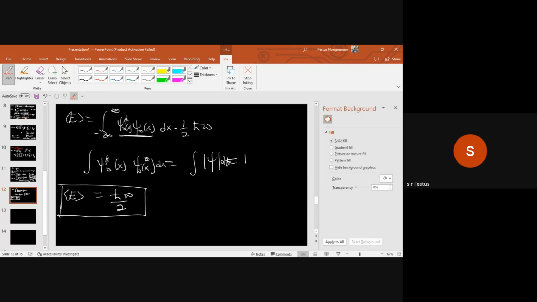And since energy is not an operator, if they ask you to find the expectation value, it means that you just divide the energy expression by 2. It's not like any other operators, like momentum or velocity. These are not scalars, so you can't just divide it by 2.